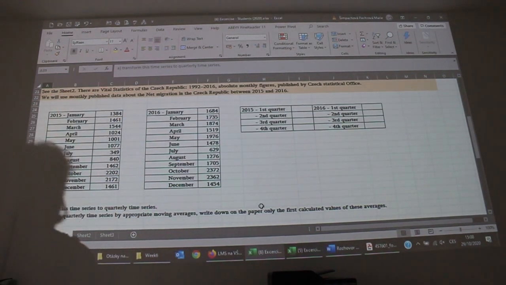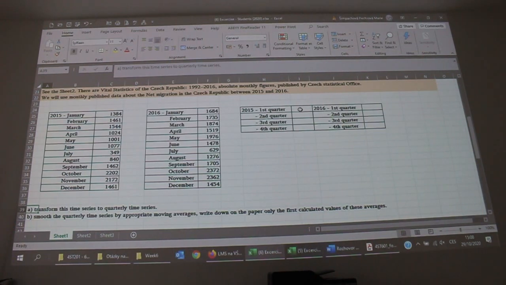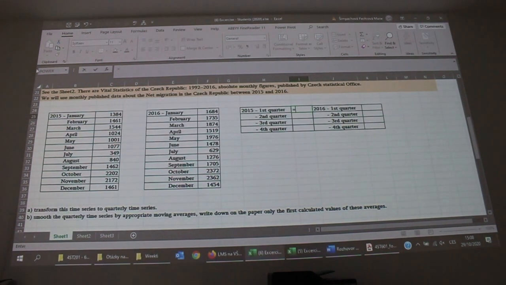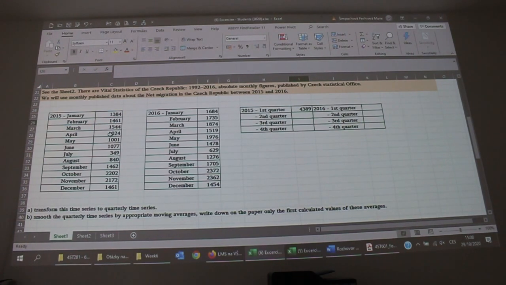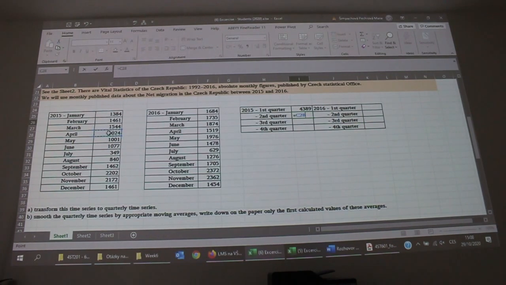So we can do this. Here will be calculated, equal sign, this value plus this value plus this value is the first quarter of year 2015. Equal sign, April plus May plus June is the second quarter. Equal sign, July plus August plus September is the third quarter, and here equal sign, October plus November plus December.